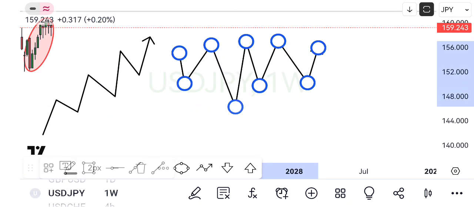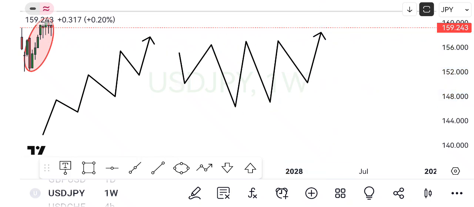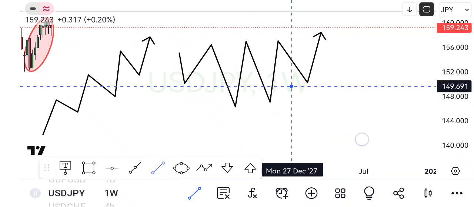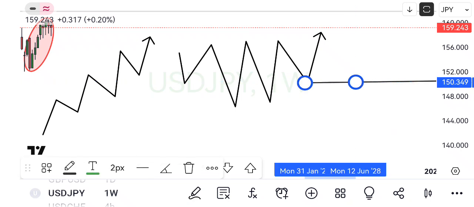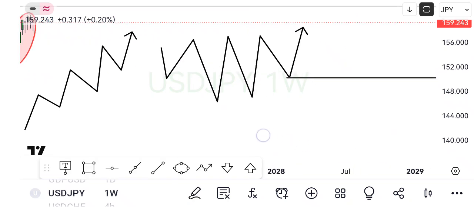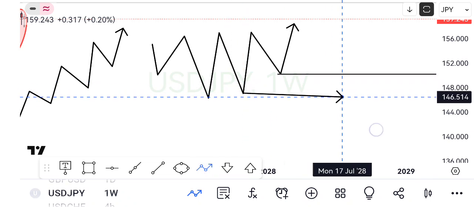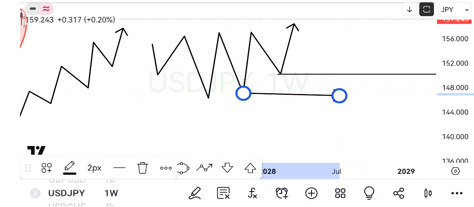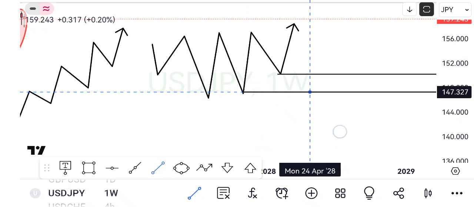Let's say the market is like this. I can still buy at support, guys, because the market on the higher time frame is going up. This is going to be my support. If that one doesn't work, I will look to buy on this one.